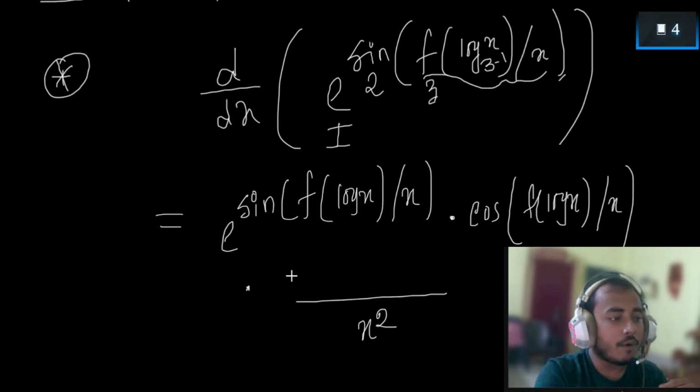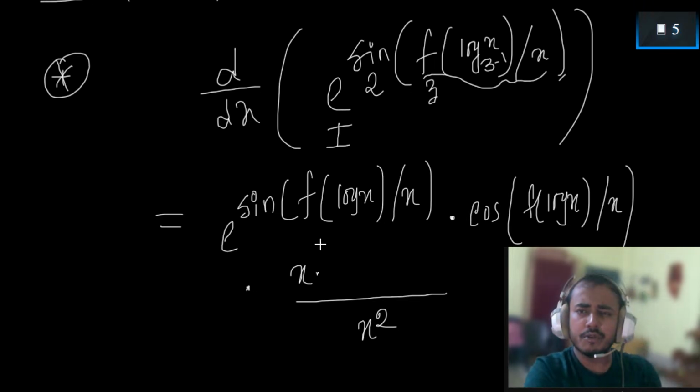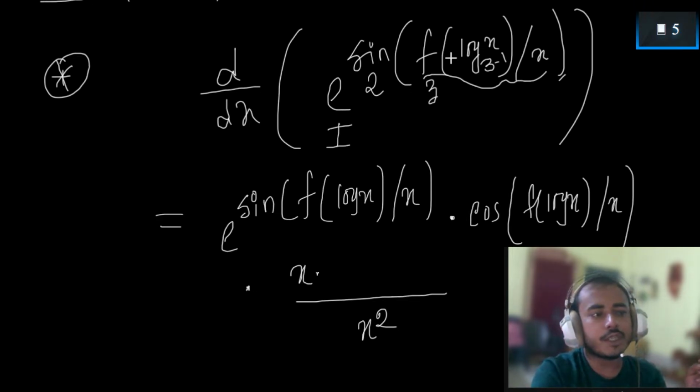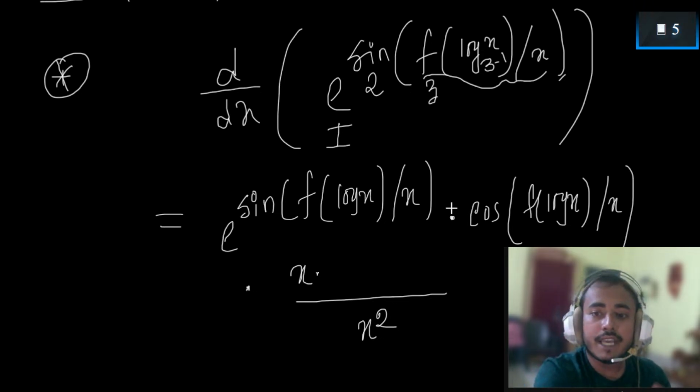Now you write x into, so yeah, Shivam, you've written something, d sine of dx is cos x, and then let log x as t. Here, you don't need to let anything for log x. You can simply do it because see, what is the differentiation of f of log x? Right now we have x square in the denominator because we are differentiating f of log x by x. Now in the numerator we have x into the differentiation of f of log x.